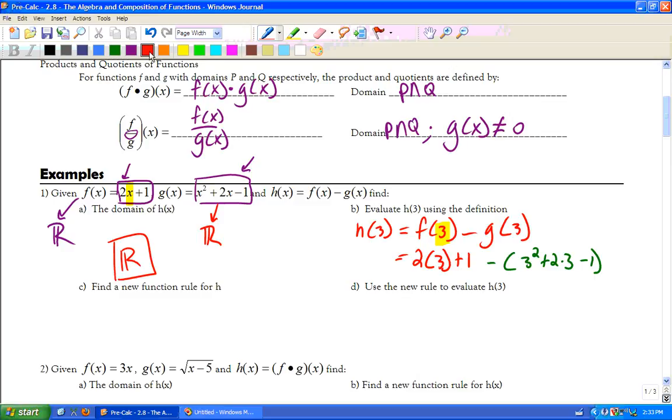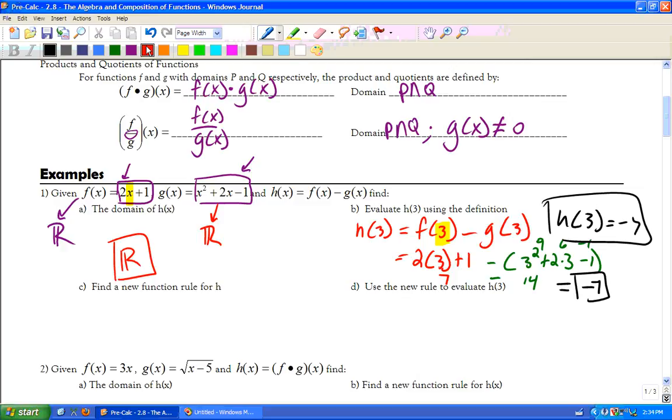After some basic computations, 2 times 3 is 6, plus 1 is 7, minus 3 squared is 9, plus 6, minus 1 gives you 14. So 7 minus 14 gives us a final solution of negative 7. Which means h of 3 equals negative 7.